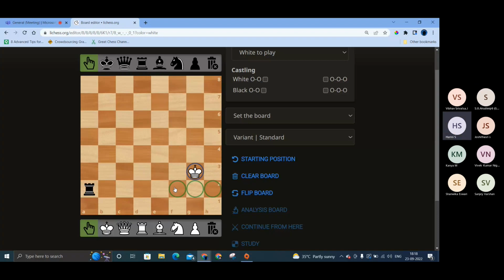And within one step, those squares which you are choosing must be safe. If it is not safe, you cannot make the king go there, okay? So now where can this king go? You have to only check one square around it. Tell me. So where can it go?